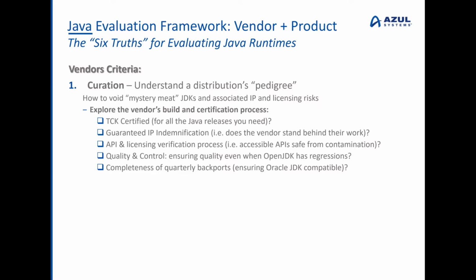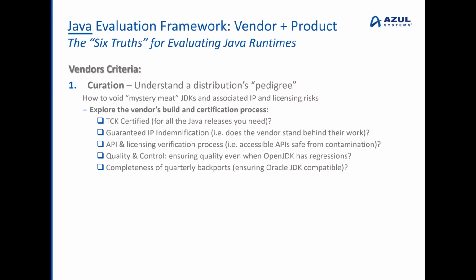And the last one here is the completeness of the backport. Oracle and the community fix lots of bugs today in the Java 14 and Java 15 code bases. But how well does the community and that particular vendor backport the different fixes that Oracle has contributed to the latest versions of Java?